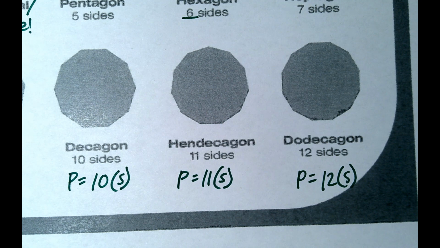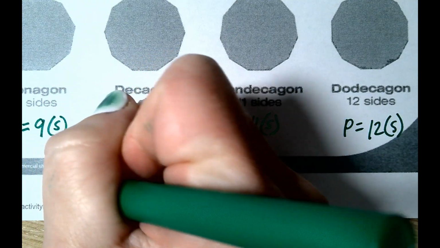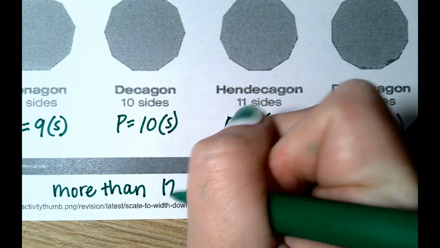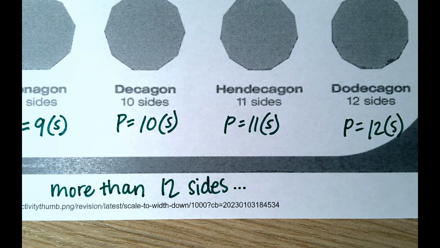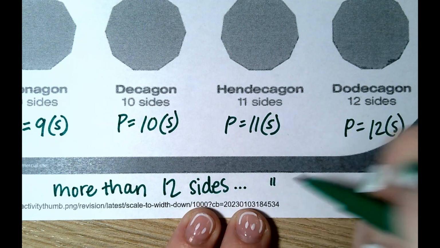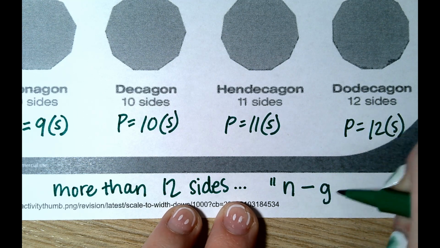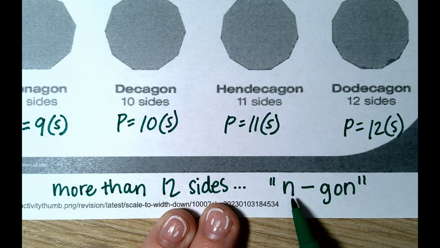If we have more than 12 sides, I'm going to write this down here, more than 12 sides, we call it an n-gon, where we would replace n with however many sides it has.